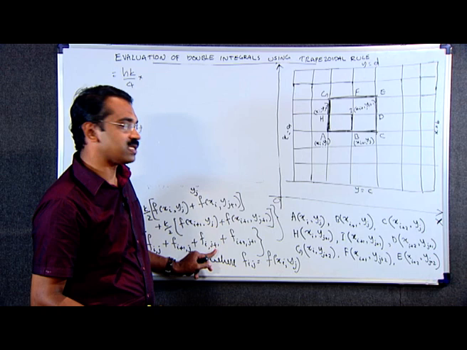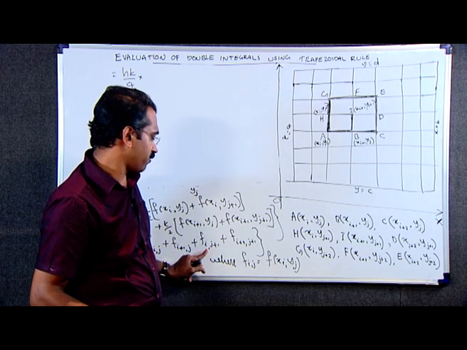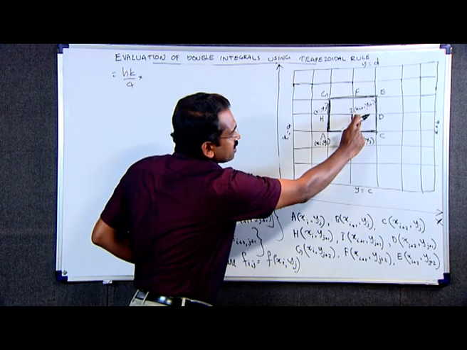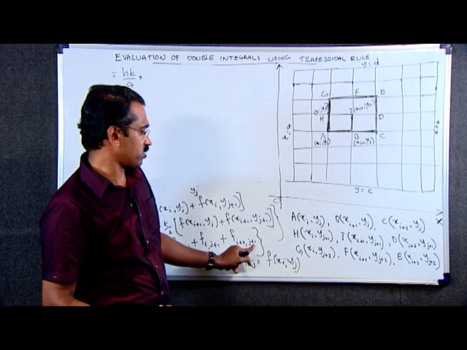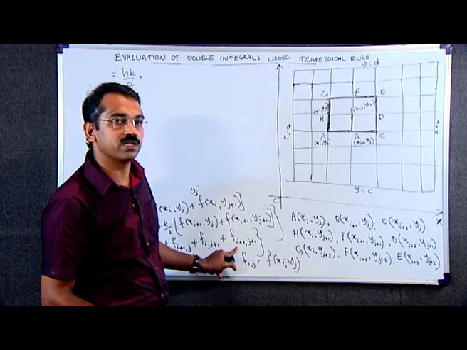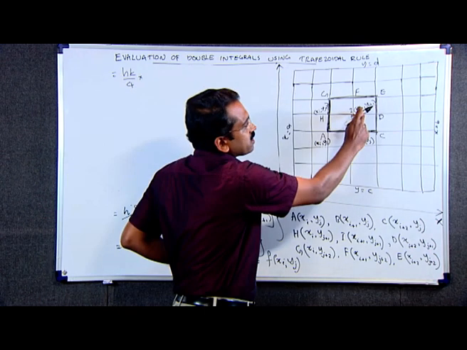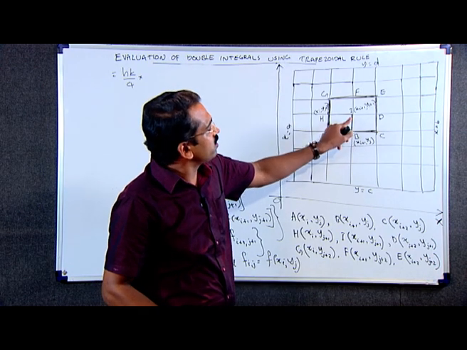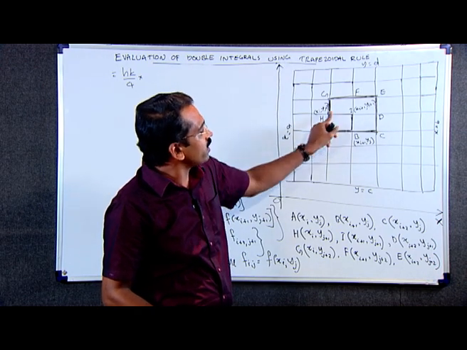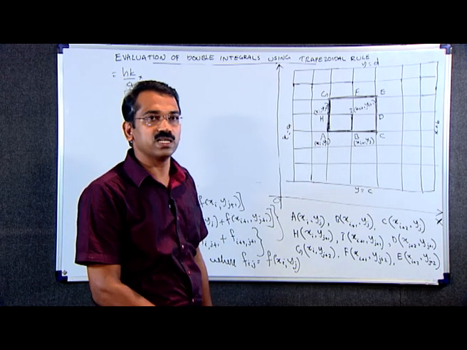F i comma j plus 1 means the value of the function f of x y at the point xi yj plus 1, and f i plus 1 comma j plus 1 means the value of the function f of x y at the point xi plus 1 comma yj plus 1. All these points are the corner points of this subrectangle.